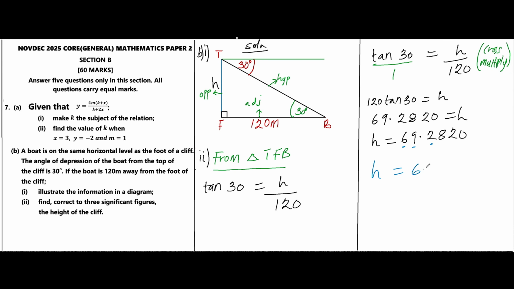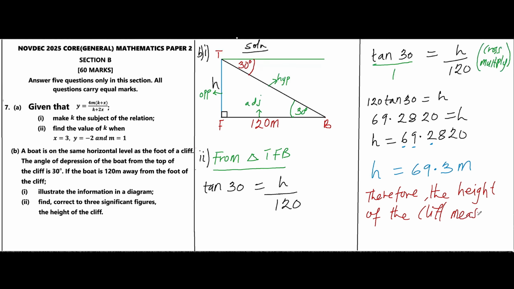So we have 69.3 meters. So in conclusion, we say that the height of the cliff measures 69.3 meters.